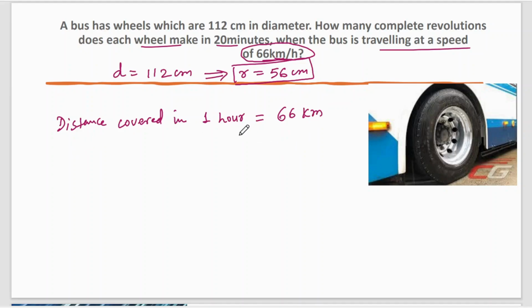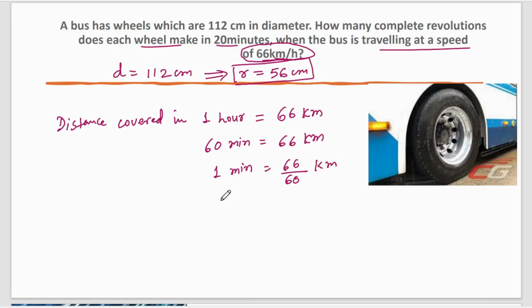Now that means they are covering the distance in 60 minutes. 1 hour equal to 60 minutes. In 60 minutes they are covering the distance of 66 kilometer. So in 1 minute they will cover the distance as 66 by 60 kilometer.